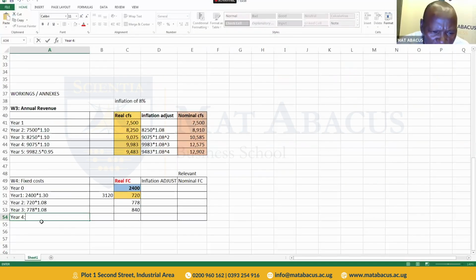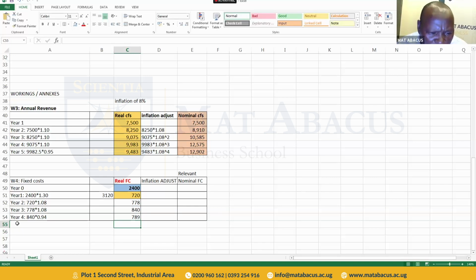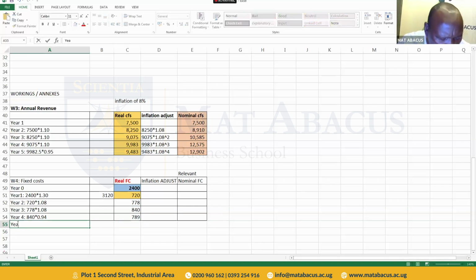It would mean in year 4, I'm going to have 840 times 0.94. And therefore, the answer you get is that figure multiplied by 0.94. And even in year 5, it continues to drop.